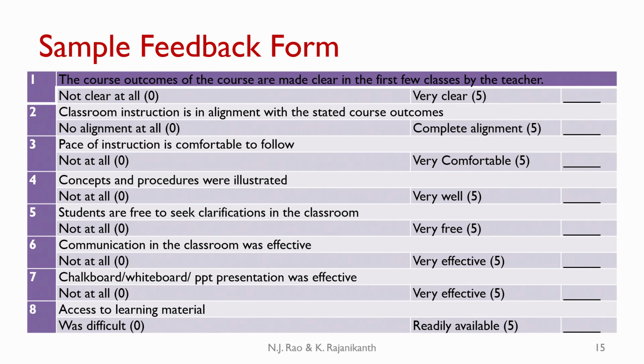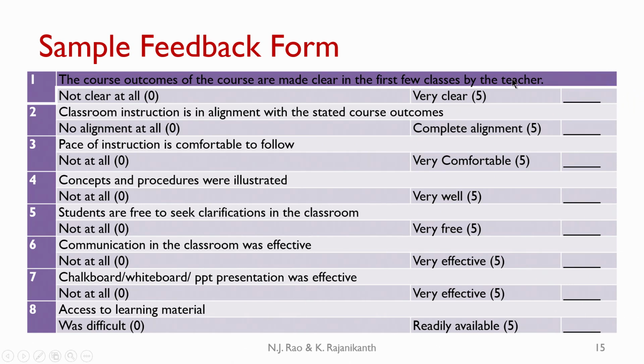Normally it should be done right in the first class, or at least by the first few classes the students are very clear about that. Now, how will the students respond? Not clear at all is 0, very clear is 5. You can give a number anywhere between these two.